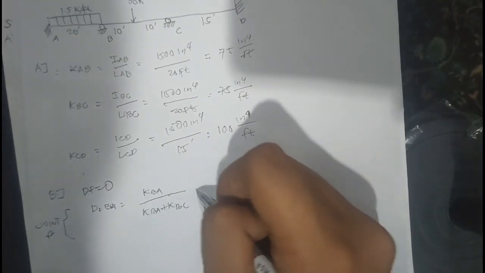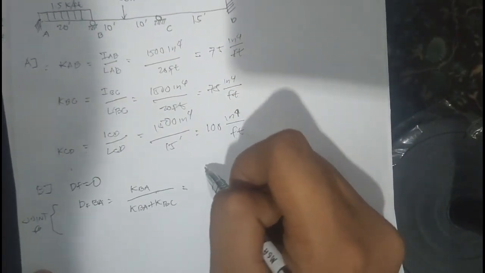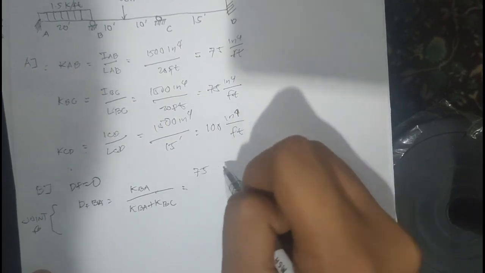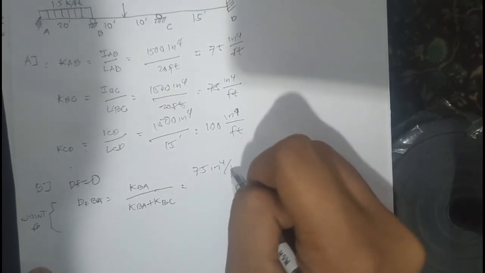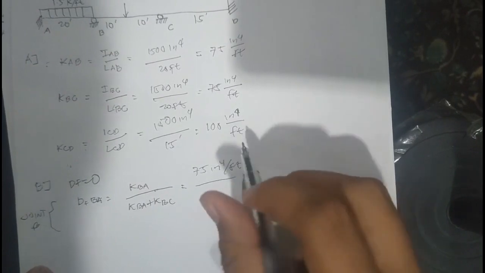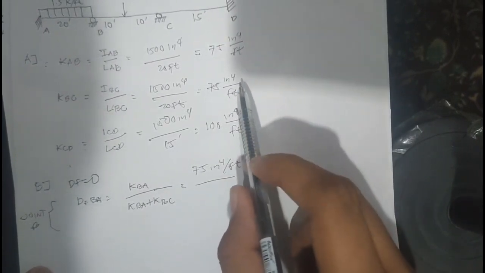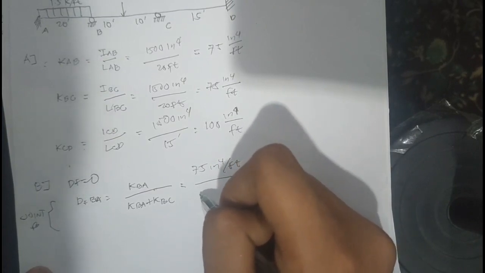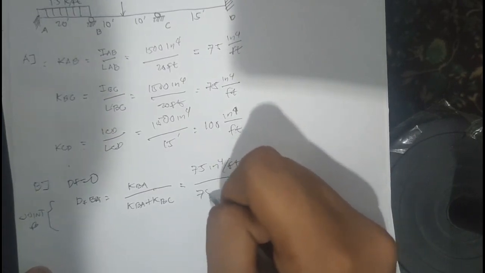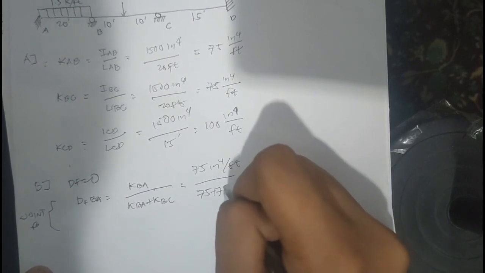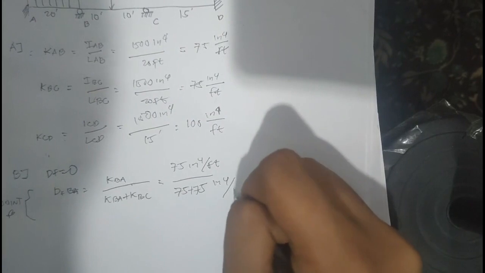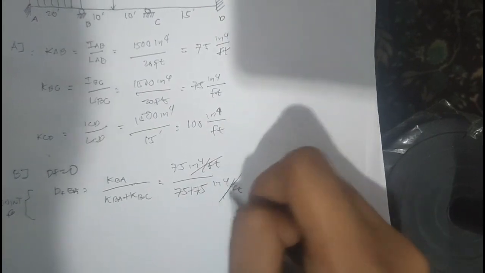The KBA here is 75 inch to the 4th per foot. We add KBA and KBC, so 75 plus 75 inch to the 4th per foot. The units cancel, and the answer is 1 over 2.